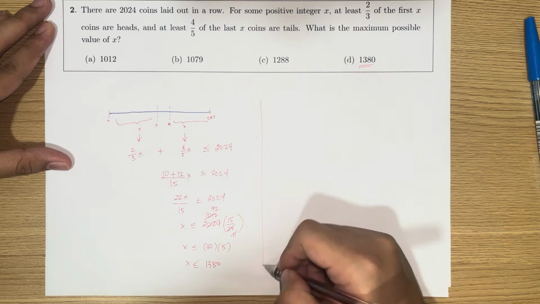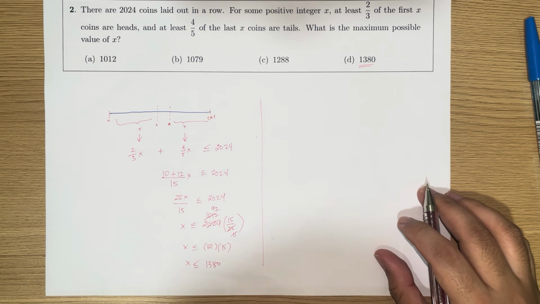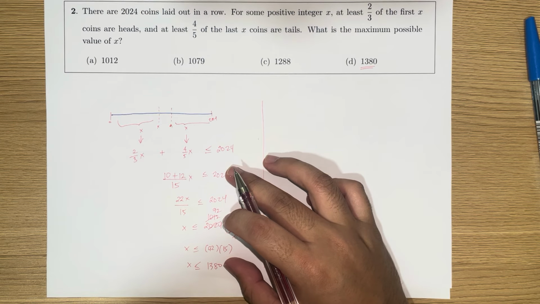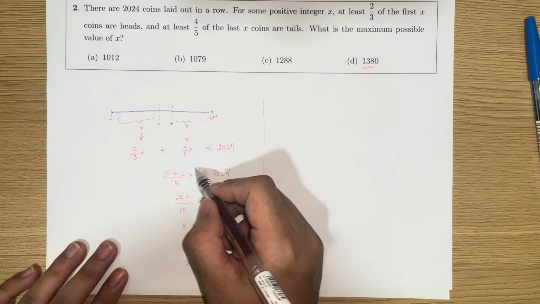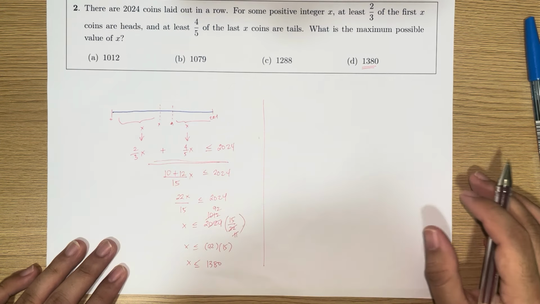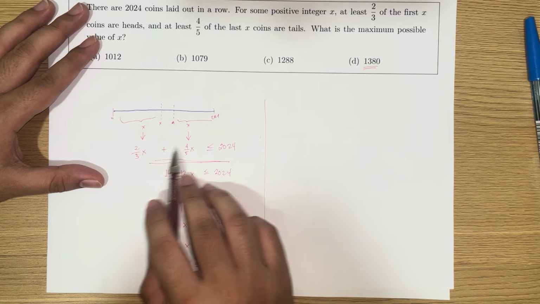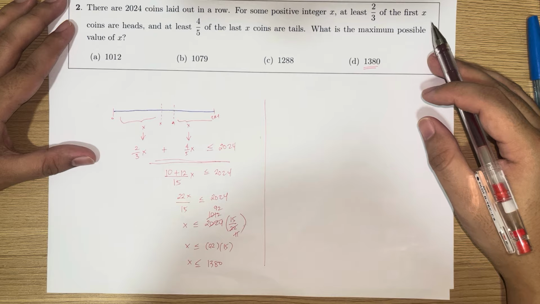But are we sure that it's already the answer? Note that this is something we just set up, with the idea that the total sum of the heads and tails here must be less than 2024.